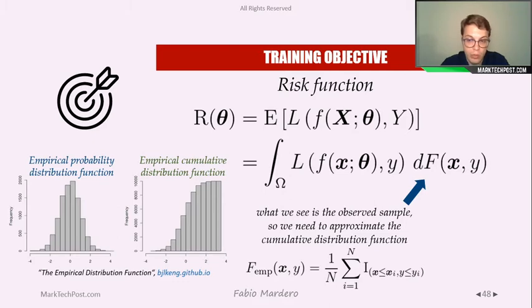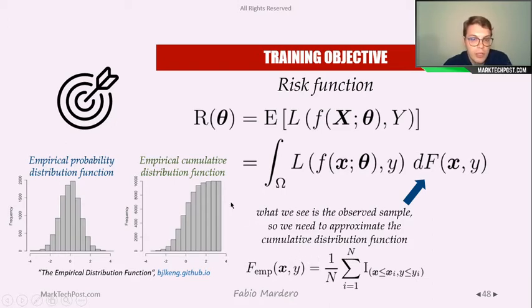But we do not have access to this, and we have to approximate the distribution. We can do this by defining this sort of empirical cumulative distribution function, in which this I takes value 1 only for x less or equal to xi and y less or equal than yi.